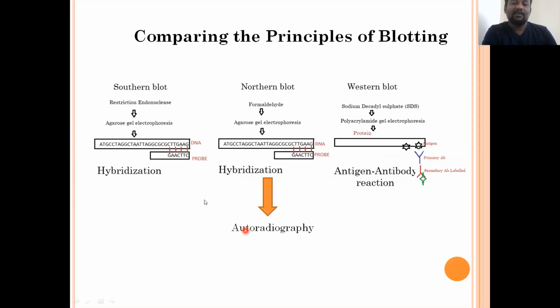If you label with some fluorescent material, we can go with chemiluminescence. If you attach simply some dye, you can go with colorimetric analysis for detection.